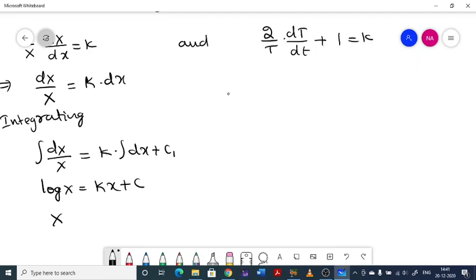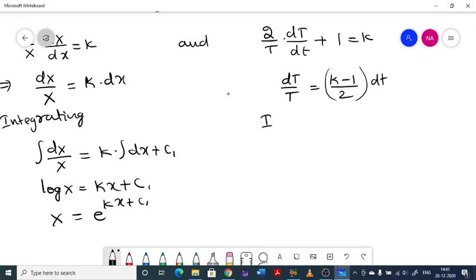So taking exponential on both sides, X equal to e power kx plus c1, and equivalently d capital T by d small t equal to k minus 1 divided by 2 into T.